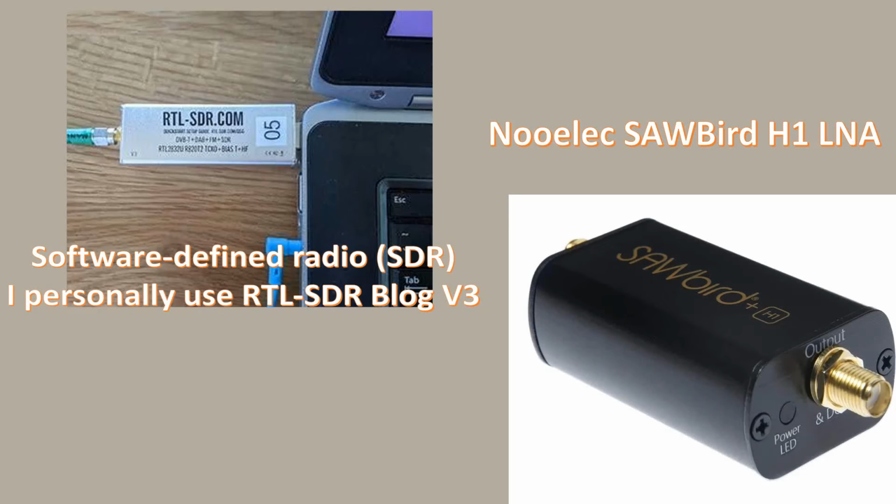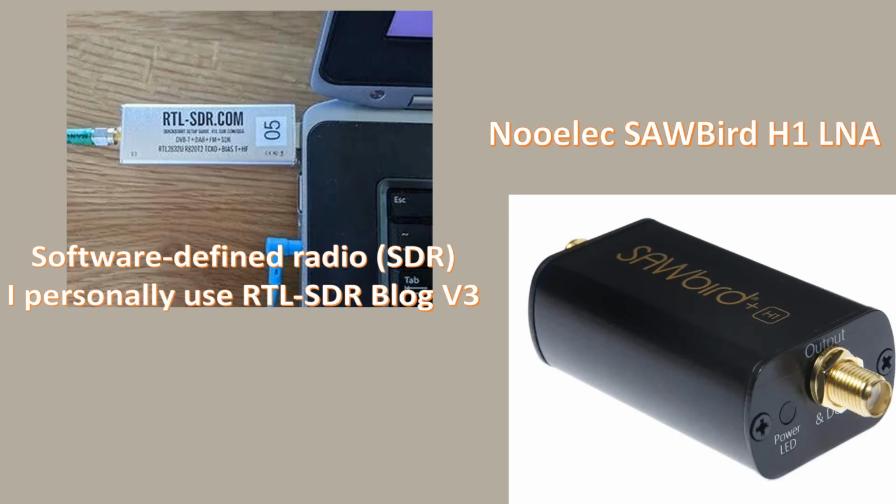The filter in the middle takes away out-of-band signals, because even though your computer and SDR will be tuning into a particular signal, if there are some strong signals close by in the radio spectrum, they can still leak across and cause problems with your signal. So there's a filter in the middle.